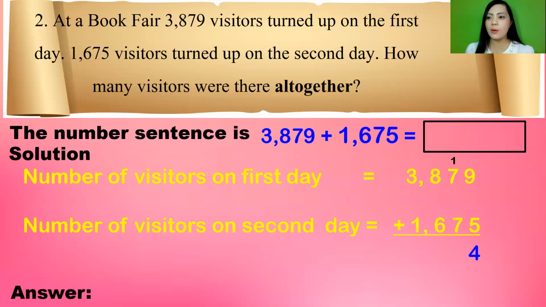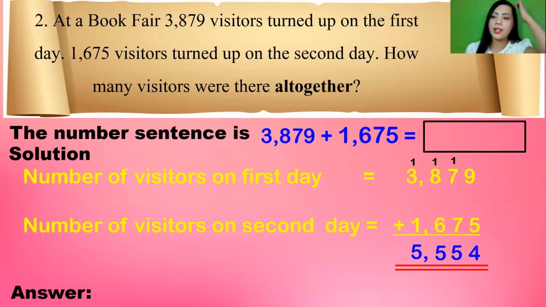7 plus 7 is equal to 14 plus 1 is equal to 15. So 5, carry 1 right there. 8 plus 6 is equal to 14 plus 1 is equal to 15. Carry 1 right there in the thousands place. So 3 plus 1 is equal to 4, plus 1 is equal to 5.